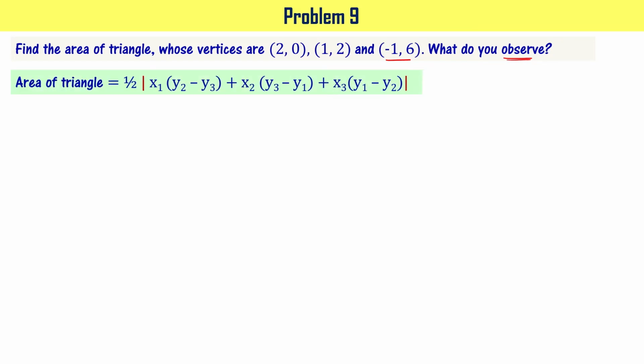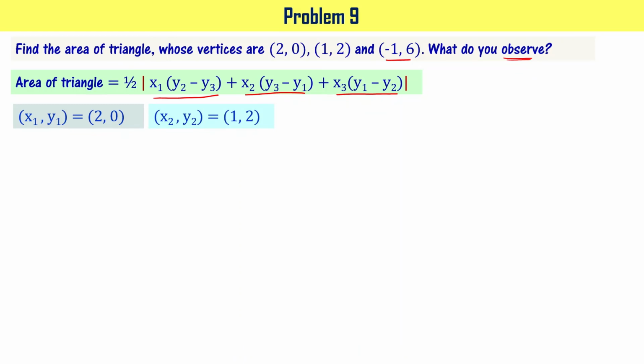We know that area of triangle is defined as half times modulus of x1 times (y2 - y3) + x2 times (y3 - y1) + x3 times (y1 - y2), right? Let's say that (x1, y1) is equal to (2, 0). That is the first point. (x2, y2) is (1, 2) and (x3, y3) is (-1, 6).